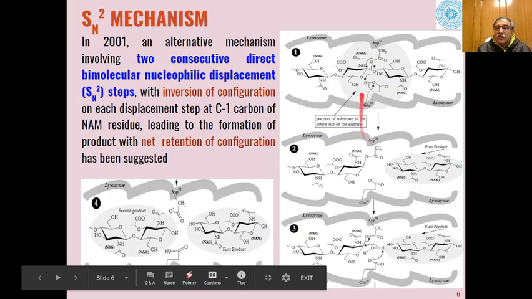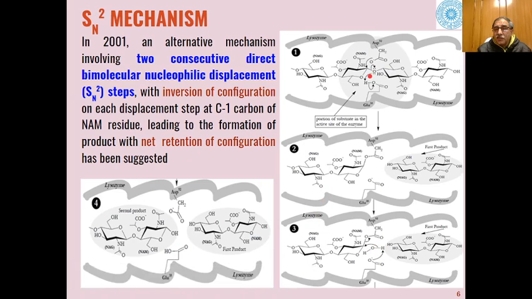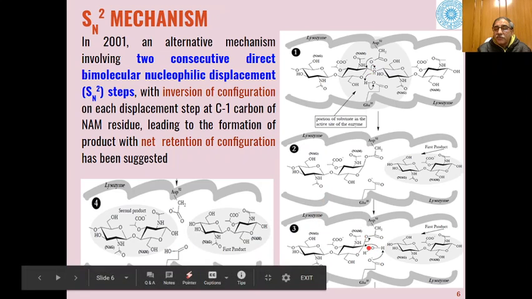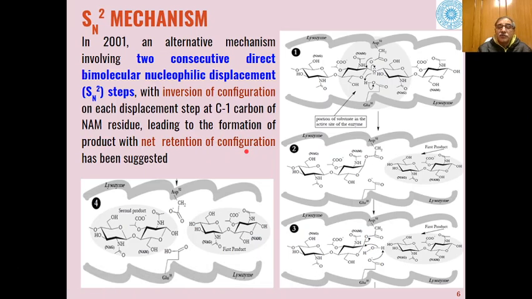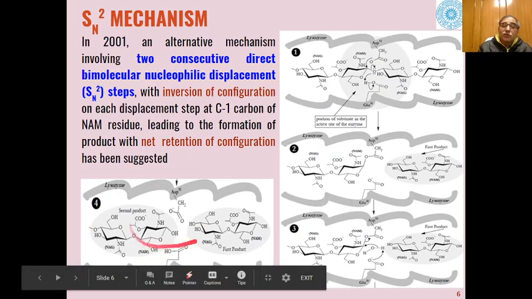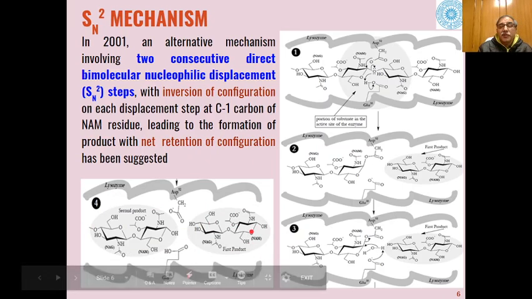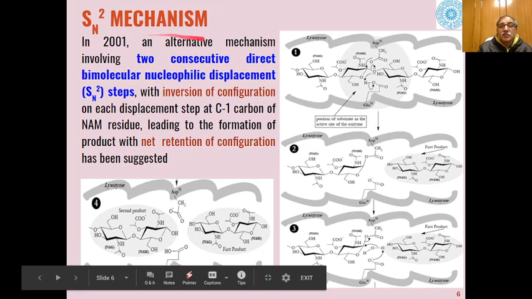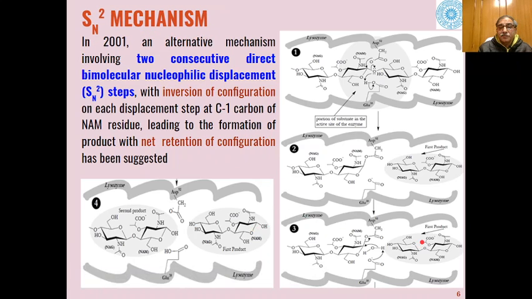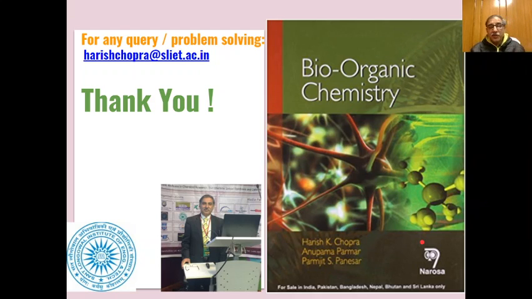There are two SN2 reactions: inversion of configuration takes place here once and here twice, and overall there will be retention of configuration in both the products formed. This type of mechanism is called the SN2 mechanism. Thank you very much.